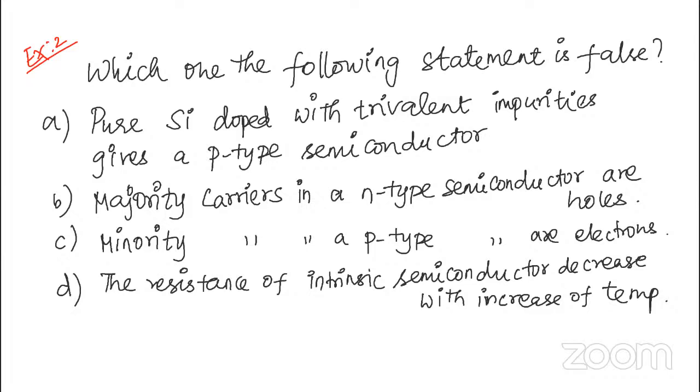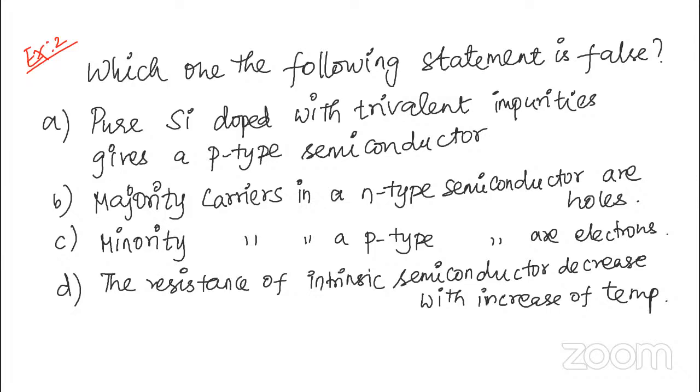From the previous class, I gave one table, no? Write the majority carriers and minority carriers for N-type and P-type. For the N-type, N stands for negative, the electrons. So in N-type, the electrons are the majority carriers, and automatically the minority carriers will be holes. For the P-type, P is positive.